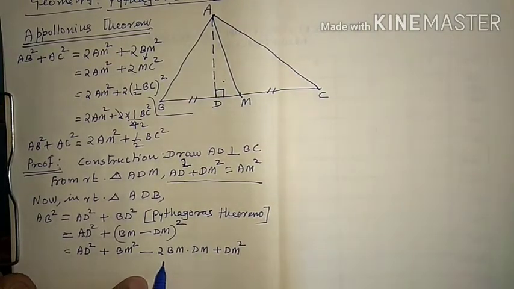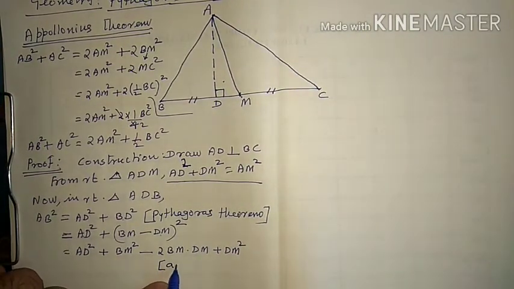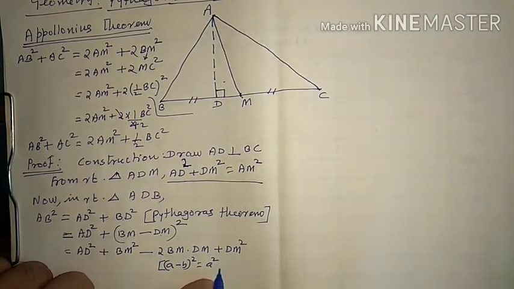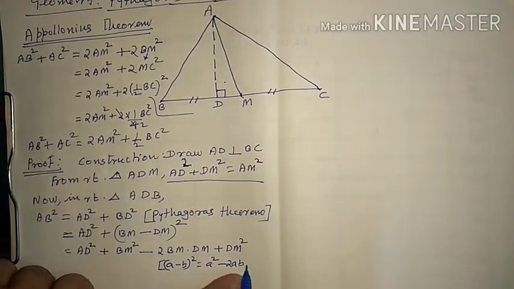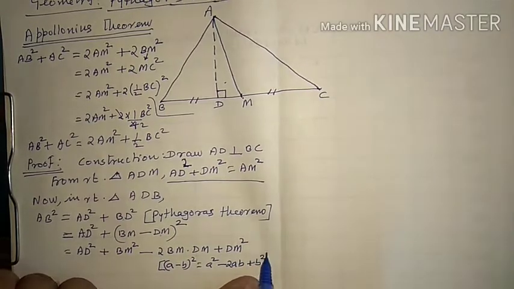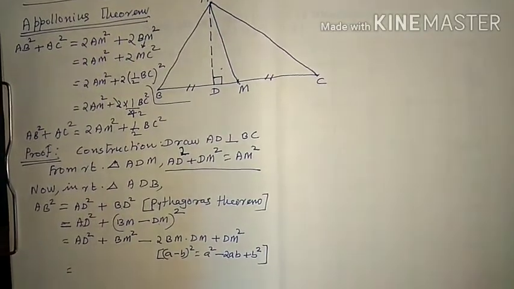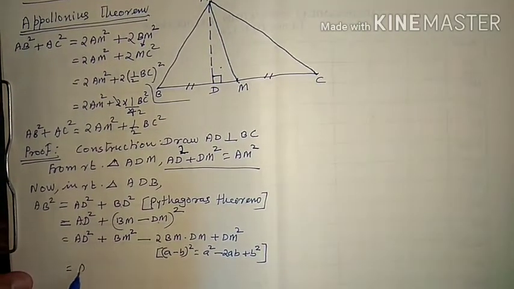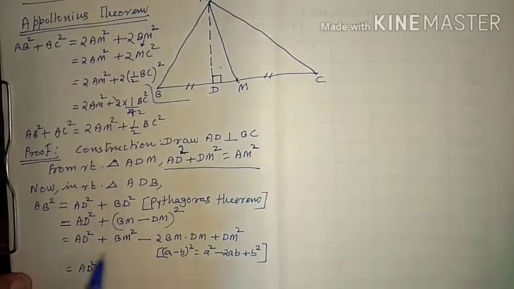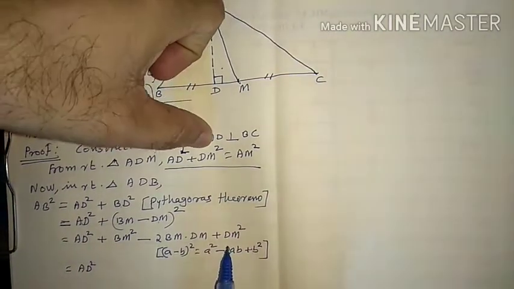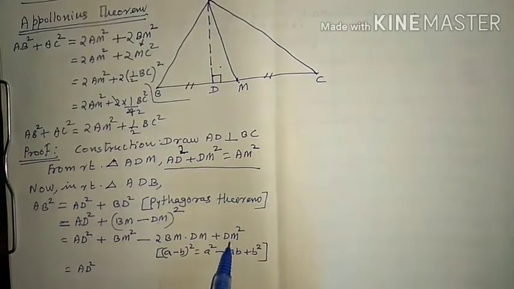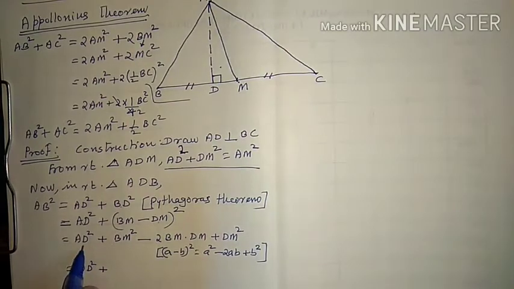Here we are using which formula? A minus B the whole square equal to A square minus 2AB plus B square. This formula we used in this expansion. After this what do we do? This AD square plus DM square, we bring closer to this.